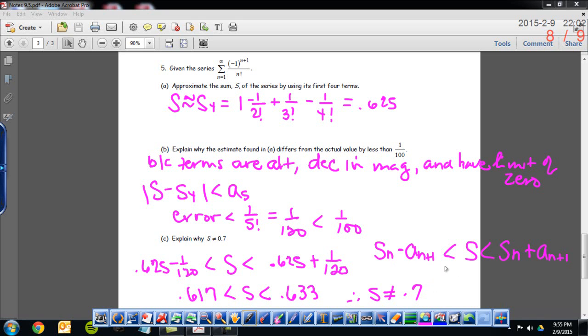But I would rather you just think about it in terms of take your approximation and add and subtract that error to get that range of values.